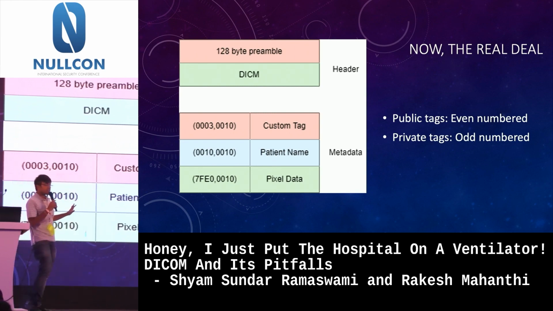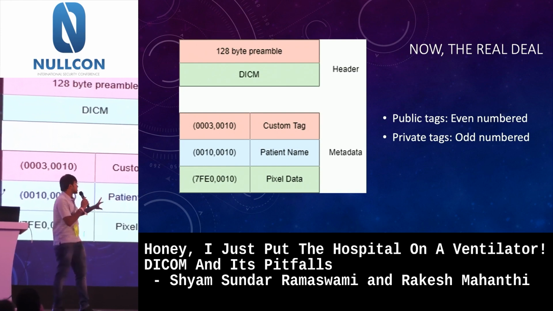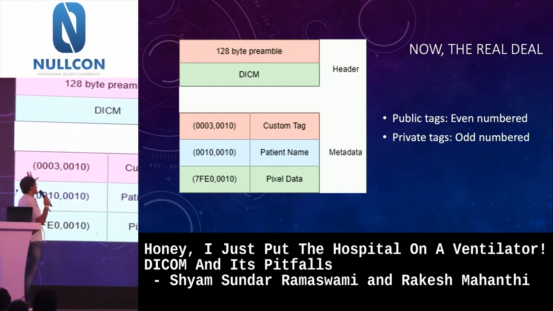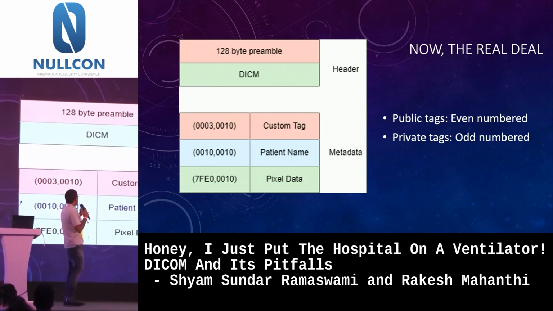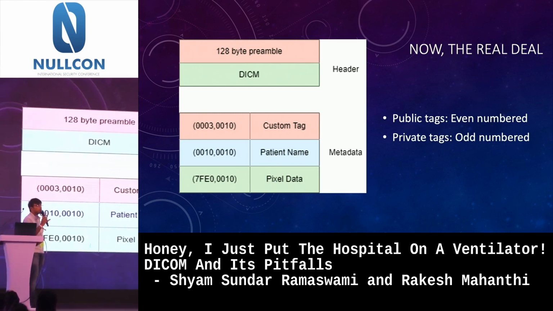Now let's move on to the metadata section. Metadata mainly consists of 3 things. One is private tags, second is public tags, and third is the pixel data. All this data is stored in the form of a dictionary. So there is a key, a 32-bit key, and a value associated with it, right? All the even number namespace is reserved for public tags.